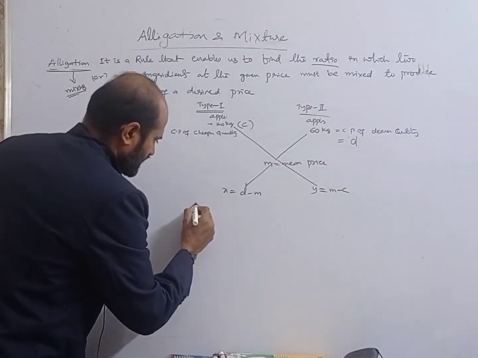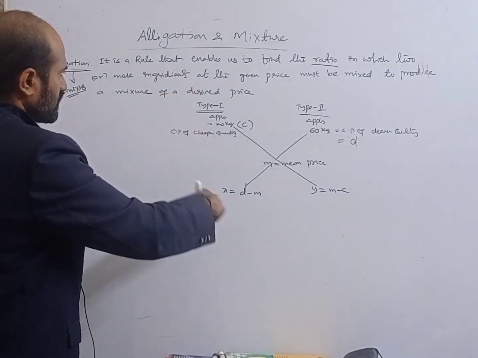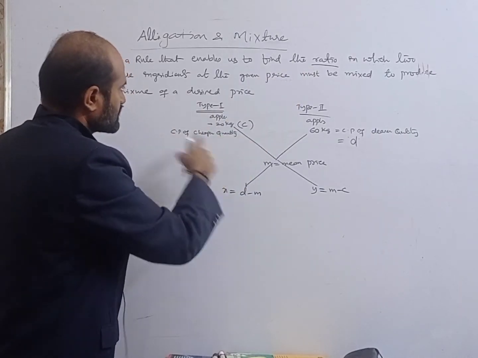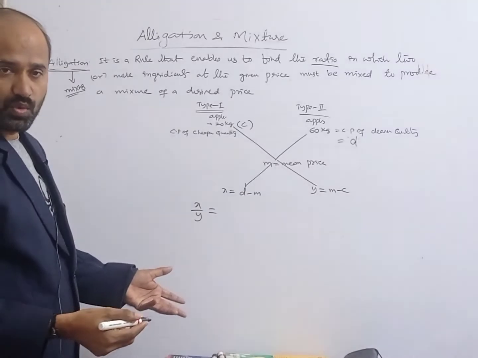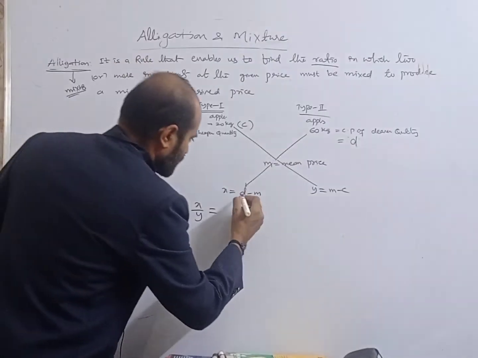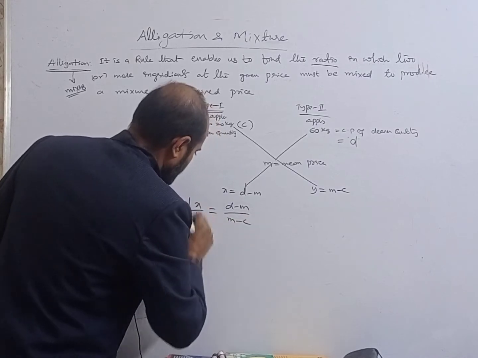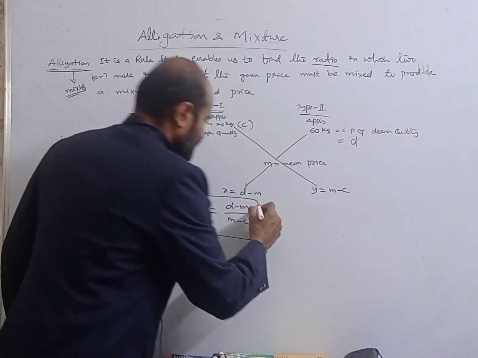Now this is a rule to find the ratio in which two or more ingredients of the given price must be mixed to produce a new price. So x by y equals D minus M by M minus C. This is called the rule of alligation.